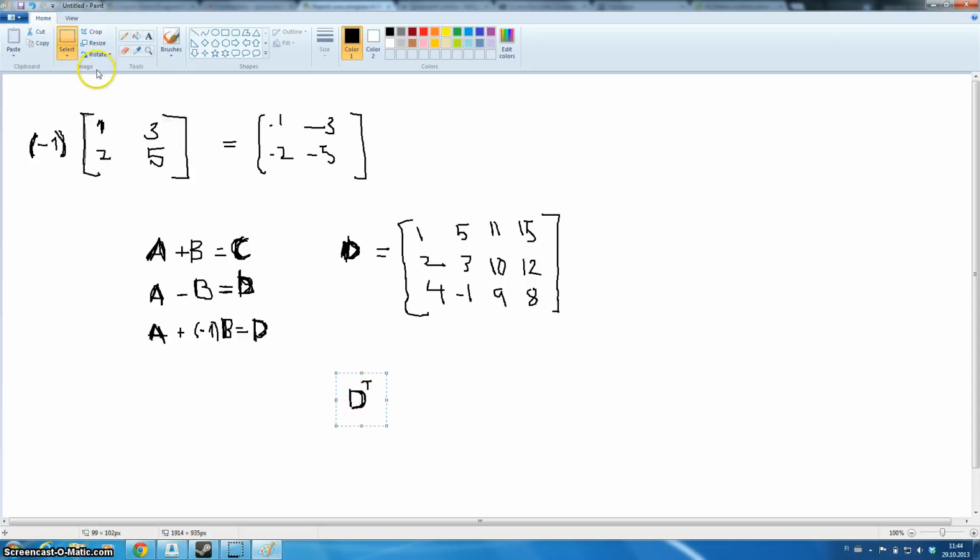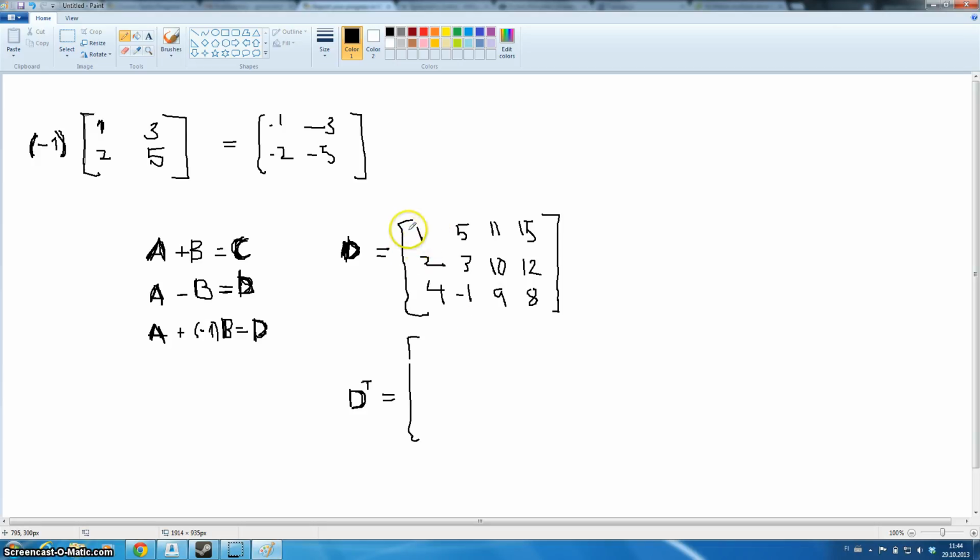This is our D, and here is our transposed. When we transpose the matrix, the rows are now the columns and the columns are now the rows.